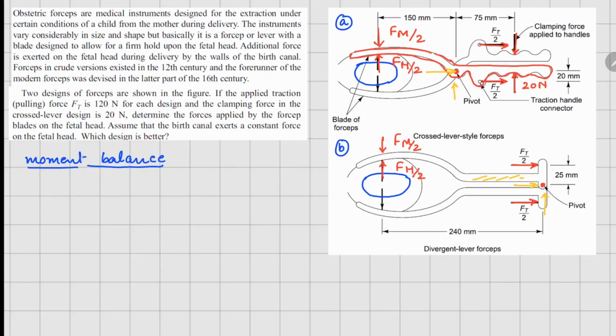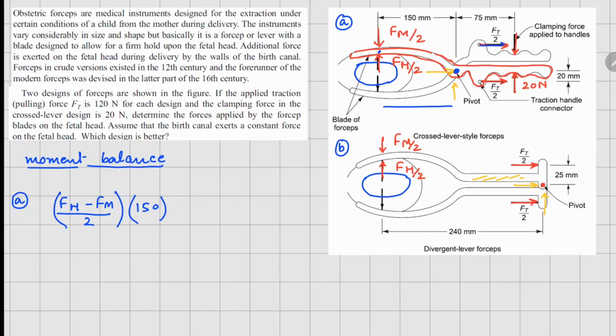from the moment balance for design A about the pivot point, we get (FH minus FM) divided by 2 at this point, and this is going to be giving you a clockwise moment with a distance of 150 mm there.